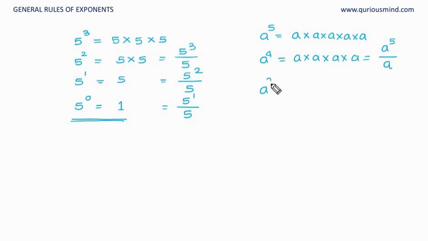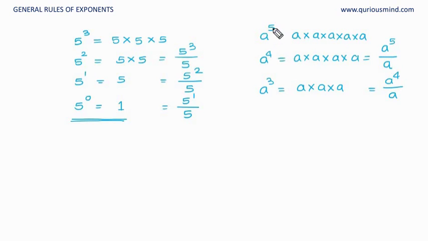For a raised to 3, I need 3 a's multiplying with itself, which is same as a raised to 4, which is 4 a's divided by 1 a. So as I am reducing the power by 1, I am dividing the earlier number by a.